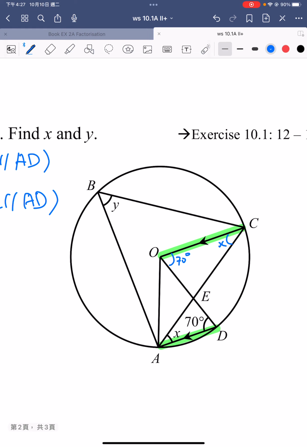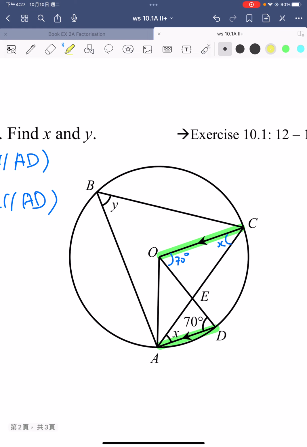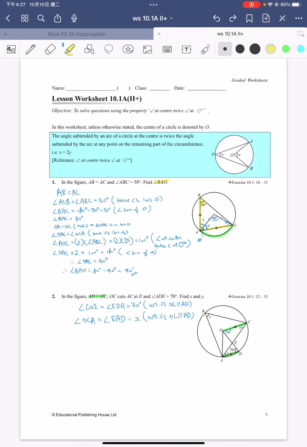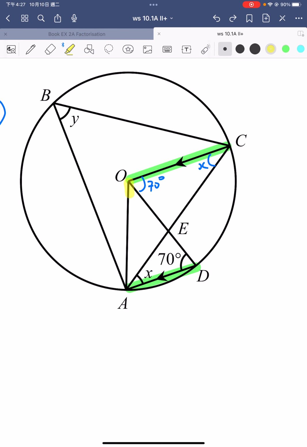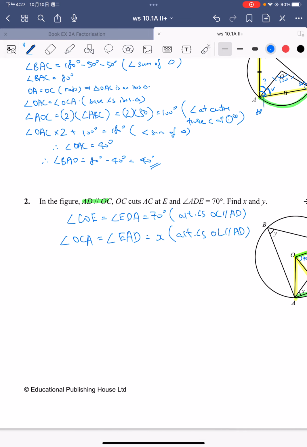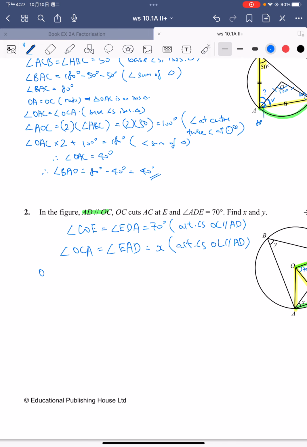If you look at it carefully, this is OA, this is OD, this is OC. So all of these three lines are the radii, isn't it? So now we have OA equal to OD equal to OC, so they are radii.